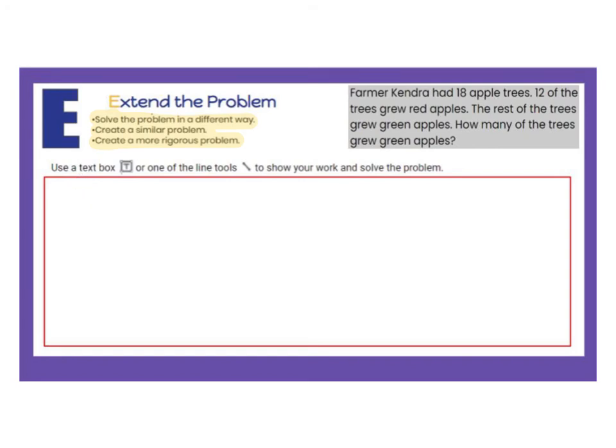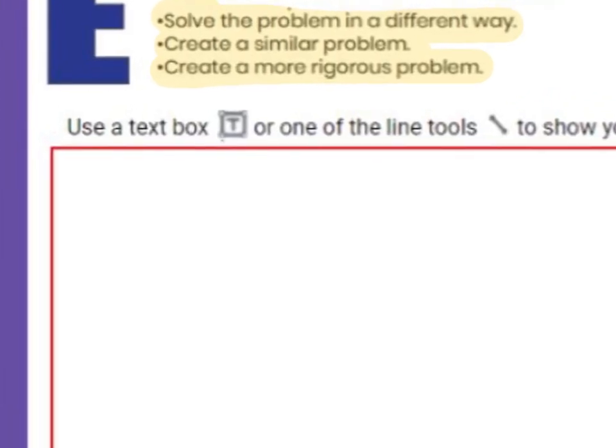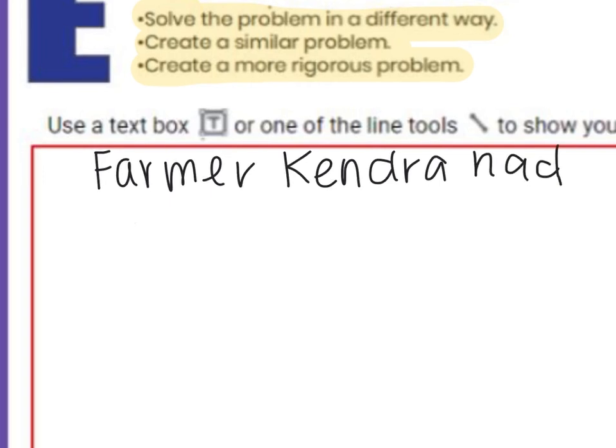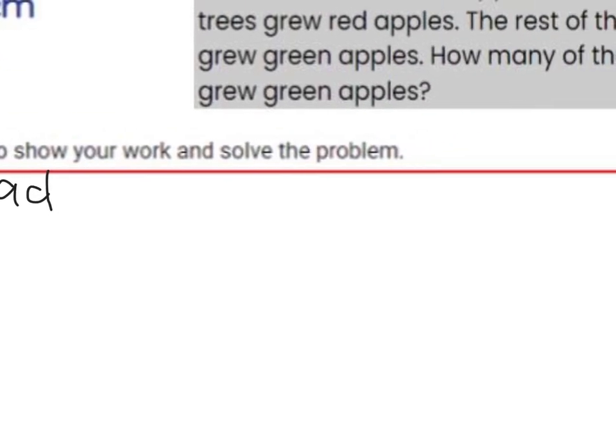Okay, so let's say we add: Farmer Kendra had 18 apple trees.